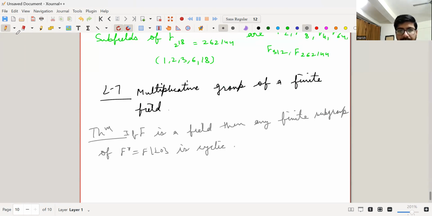Okay, so here F need not be a finite field. It's just any arbitrary field, and for any arbitrary field, any finite subgroup of F star is cyclic.